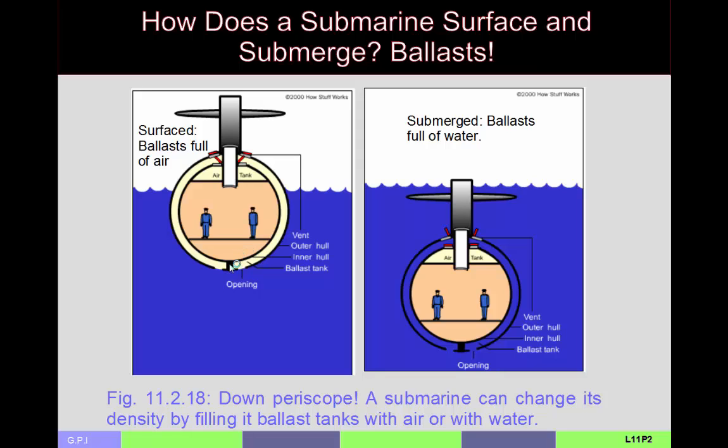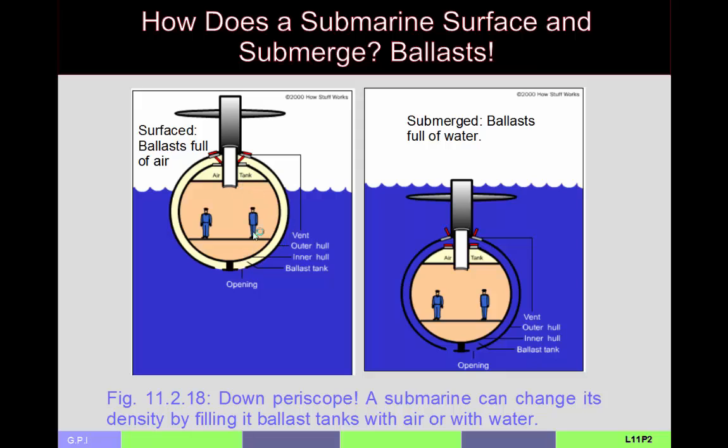And when you pump the water into it, then the collective density of the submarine is greater than the density of the water that's surrounding it, and so it starts sinking. And then if you decide that you want to surface the submarine, then you basically pump the water back out of the ballast and it refills with air.